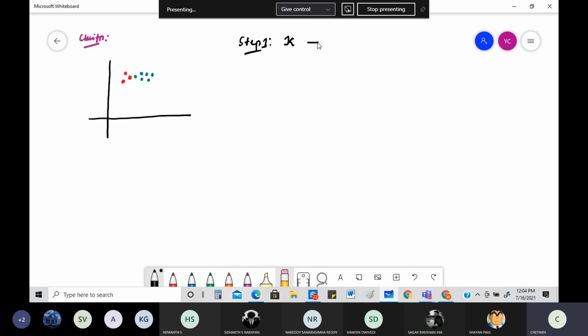Now, generally, what is this k? In practice, they take it in such a way that you take an average of your training set. That is what you will generally see. So if there are 12 training sets, you divide by 2, which gives you 6.